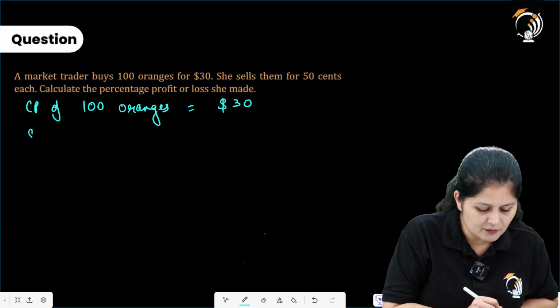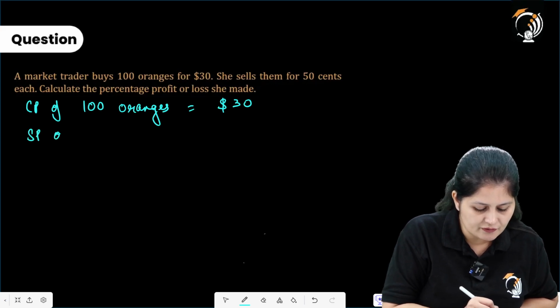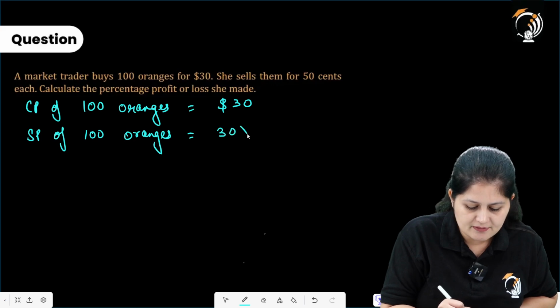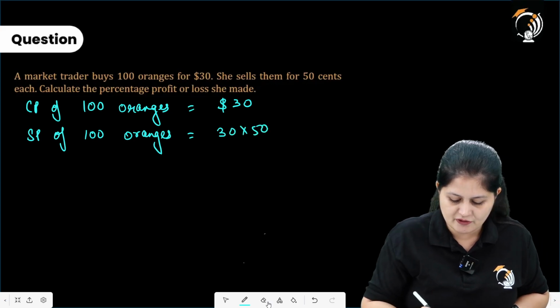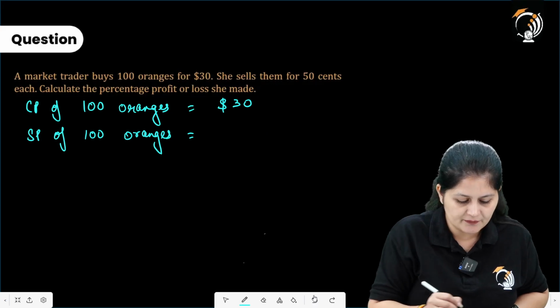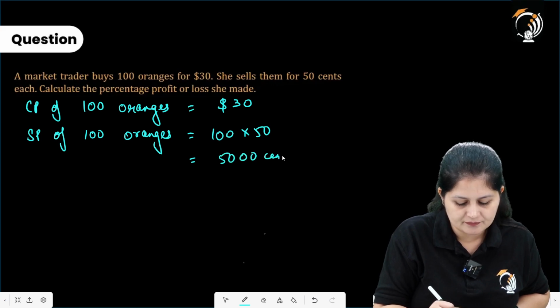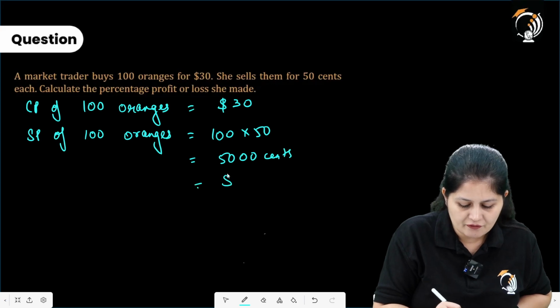The selling price of 100 oranges is 100 multiplied by 50, which is equal to 5,000 cents, which is equal to $50.